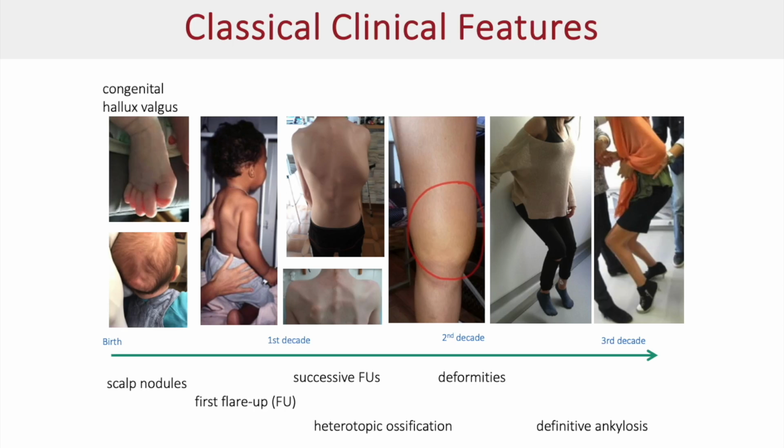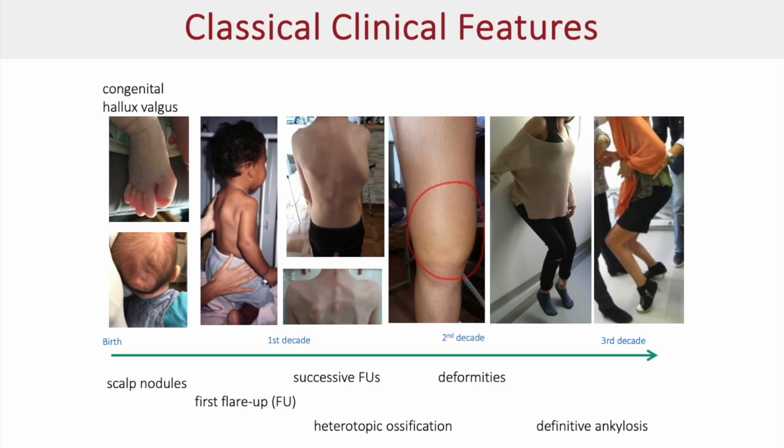And then as patients get older and get into their second decade of life, in my experience, puberty plays somewhat of a role, because I have seen that the frequency and intensity of flares really seem to go along with the timing of growth spurts as children go through a normal pubertal process.